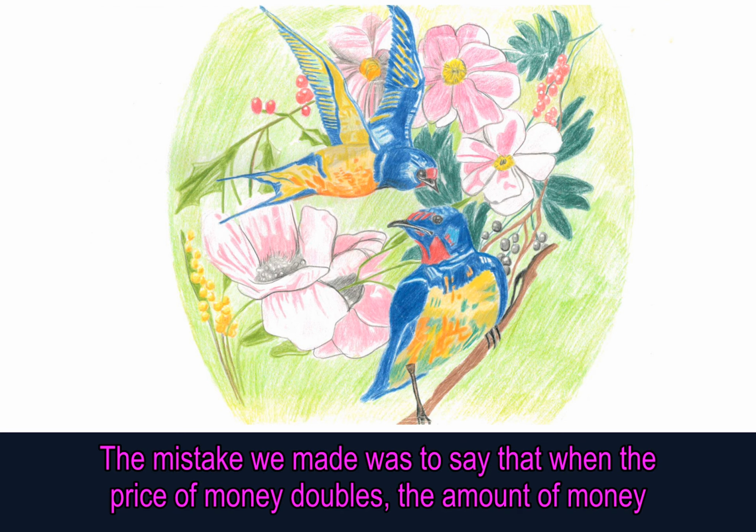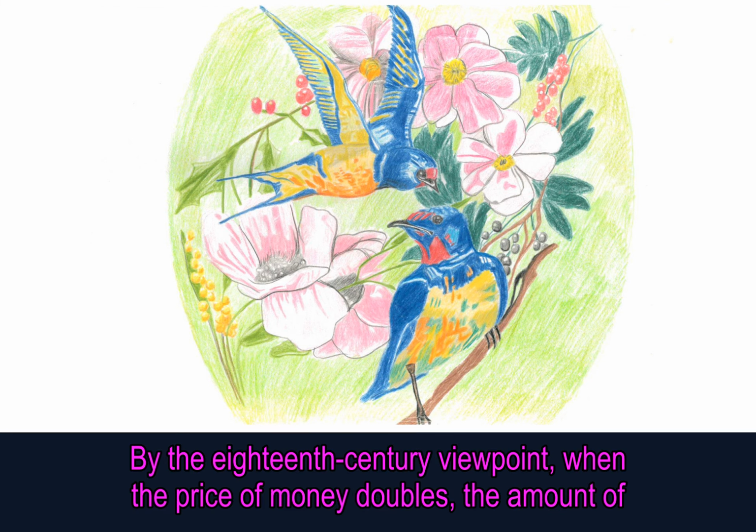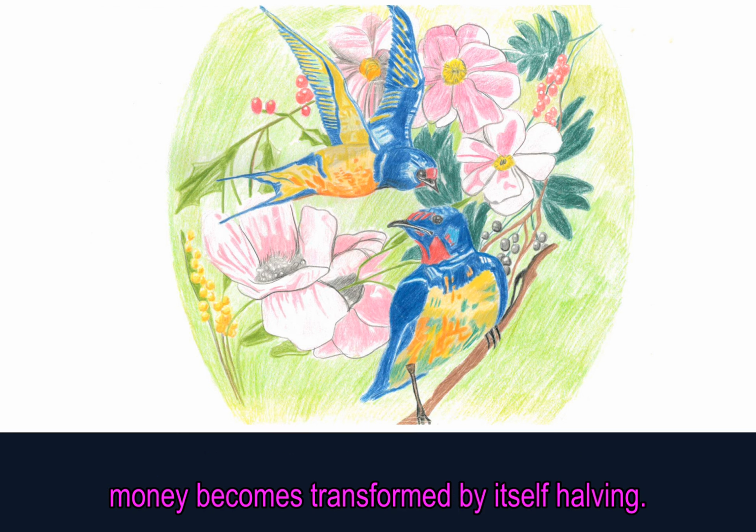The mistake we made was to say that when the price of money doubles, the amount of money becomes transformed into itself doubling. By the 18th century viewpoint, when the price of money doubles, the amount of money becomes transformed by itself halving.